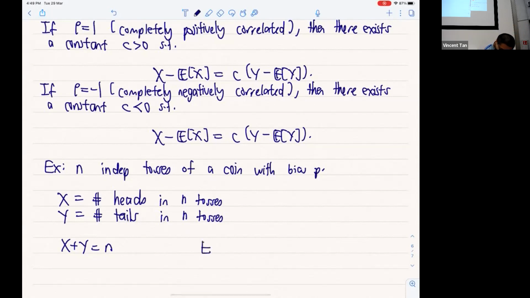What is also true is that you can take expectation value on both sides. Expectation value of X plus expectation value of Y is equal to n. No problem.